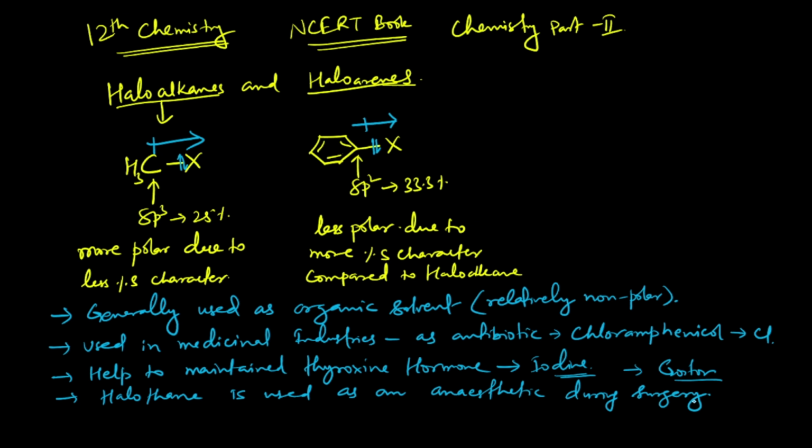One more they were using, chloroform, but now it is banned. Chloroform is also a well-known anesthetic. In movies you have seen that they put it on a handkerchief and then put it over the mouth, and the person becomes anesthetized and they take him away. That is already banned.